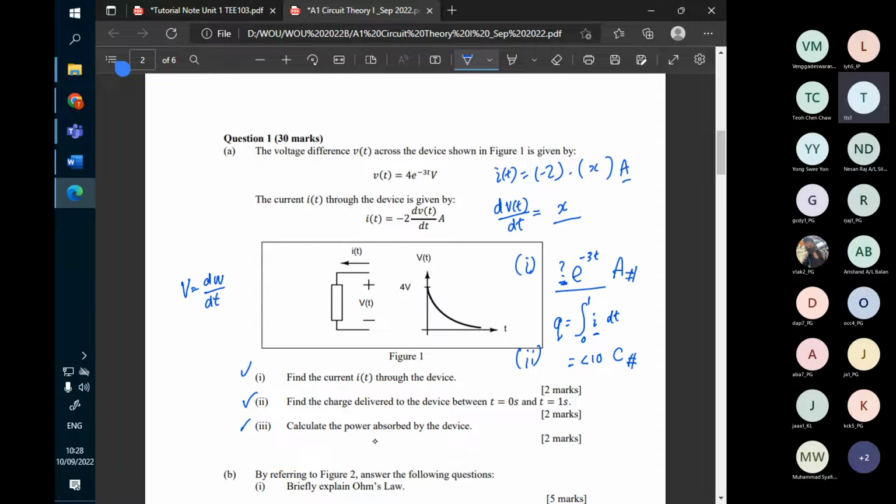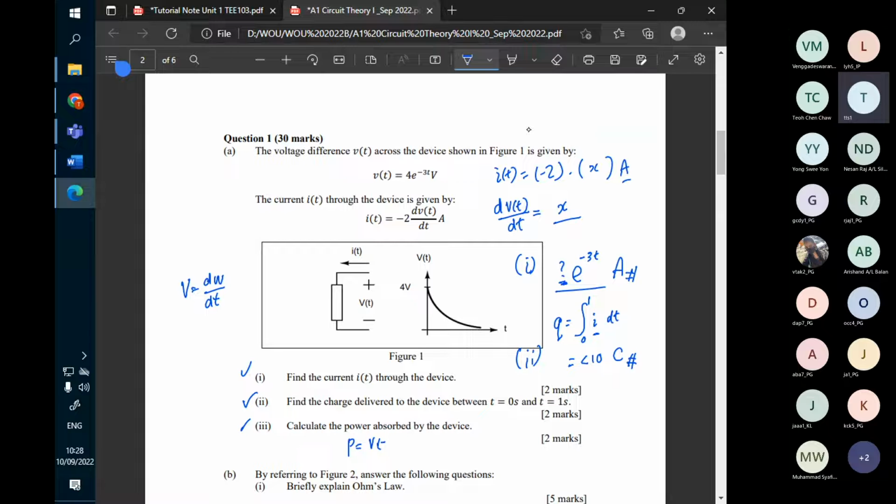Okay, but the power, we understand the power is actually V times I, right? Sorry.